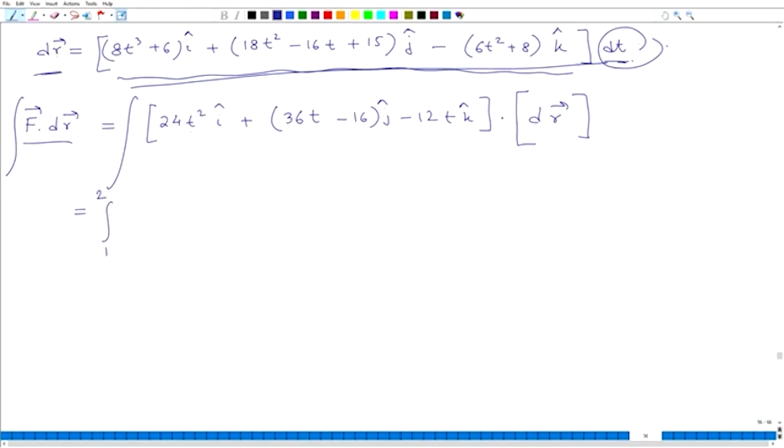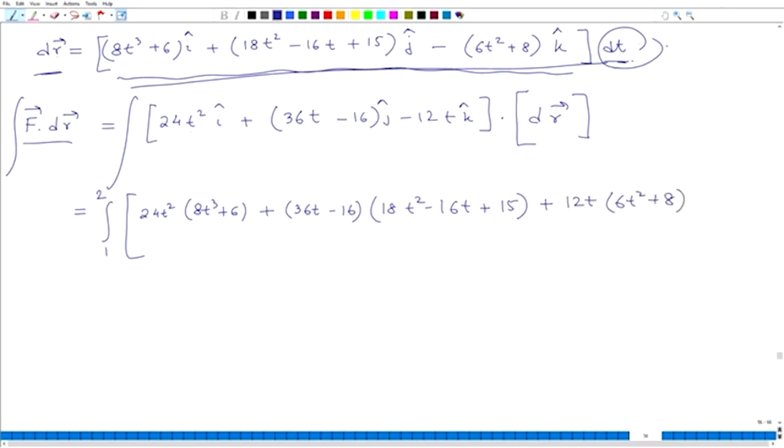Then if you do that calculation cautiously, you will have something like that: 24t square times 8t cube plus 6, plus 36t minus 16 times 18t square minus 16t plus 15, plus 12t times 6t square plus 8, and everything is multiplied by dt, and t is varying from 1 to 2.